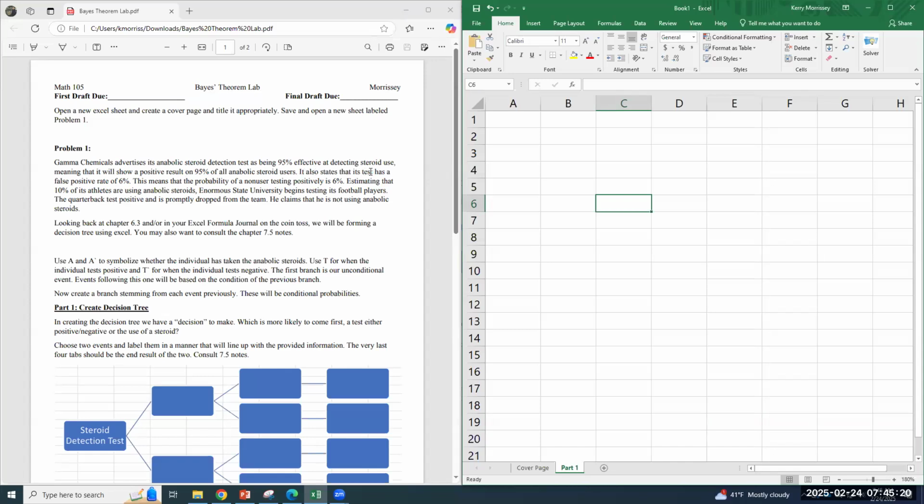It also states that its test has a false positive rate of 6%, meaning that the probability of a non-user testing positive is 6%, estimating that 10% of athletes are using anabolic steroids. Enormous State University begins testing its football players. The quarterback tested positive, and is promptly dropped from the team. He claims that he is not using anabolic steroids.